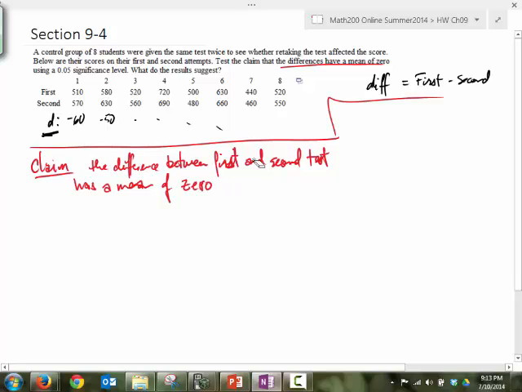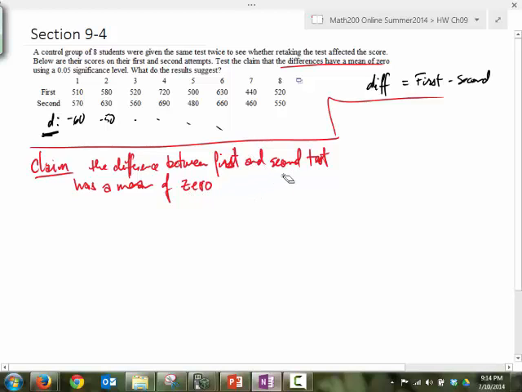This actually is an easier claim to decipher. Sometimes they ask you whether there's an improvement or not, and that claim in mathematical symbols would be a little bit more tricky to decipher. But let's see if we can do this one, and I'll see if I can do another one just to set up a claim.